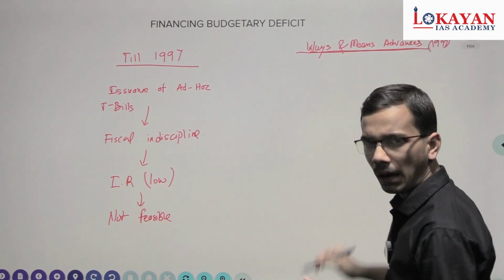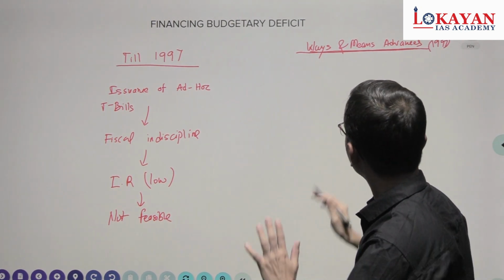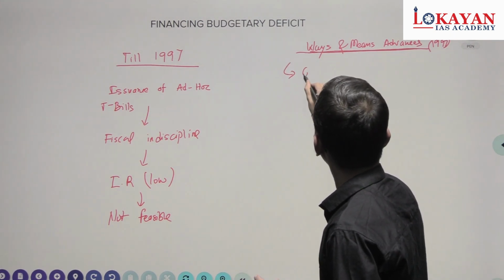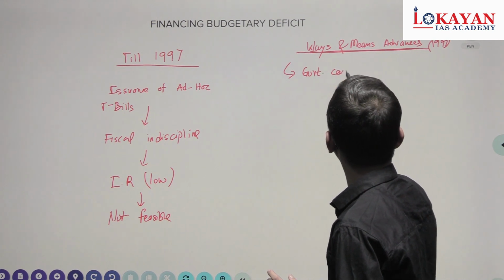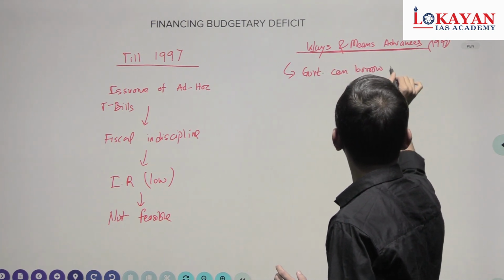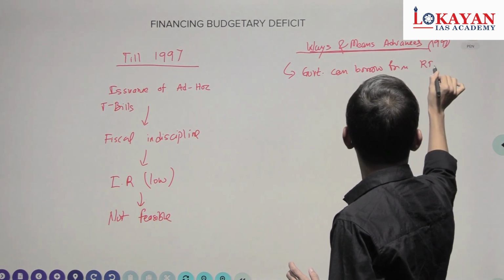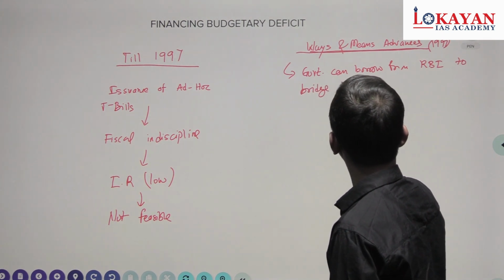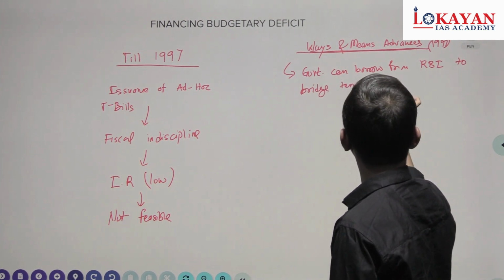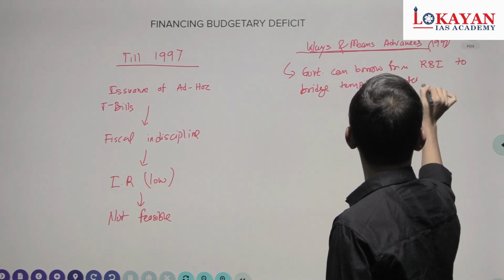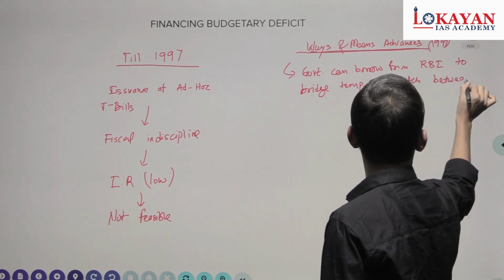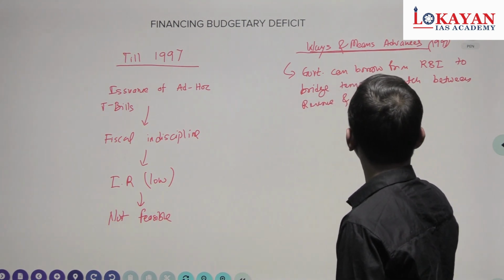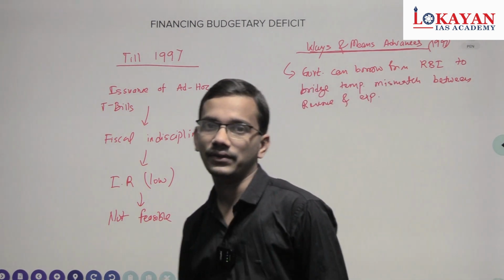I think it's March 1997, just check. So under WMA facility, government can borrow from RBI to bridge temporary mismatches between revenue and expenditure, not to finance the deficit.